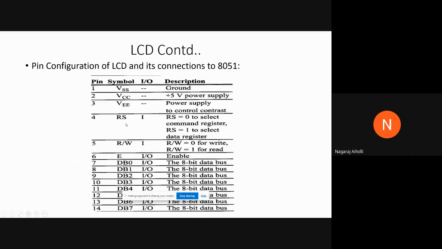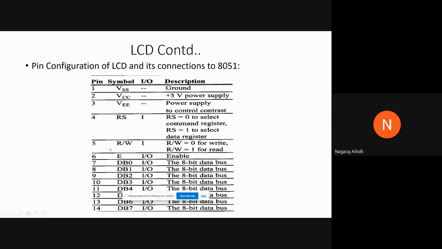Pin number 4 is register select. If RS equals 0, the command register is selected to send commands, and if RS equals 1, the data register is selected to send data to the LCD screen.